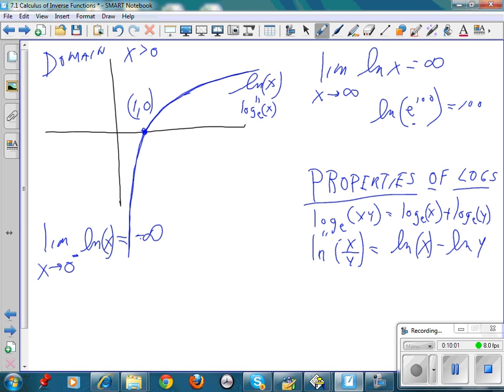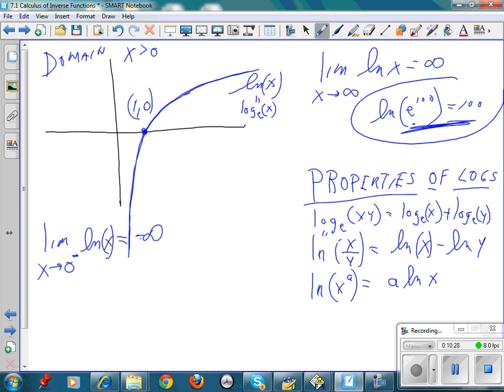What if I had the natural log of x to the eighth power? Well, I used that up here, actually. That's the same thing as saying 8 times the natural log of x. Actually, this property was the fact that these are inverse functions.